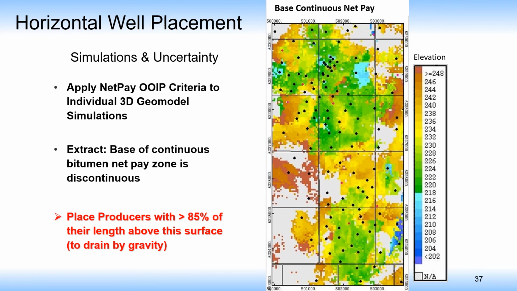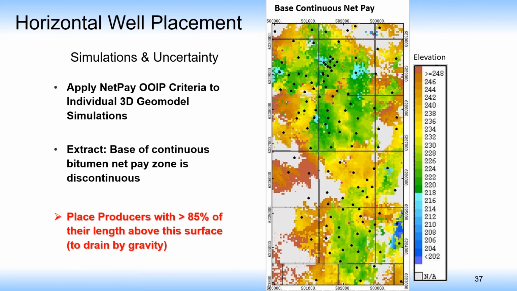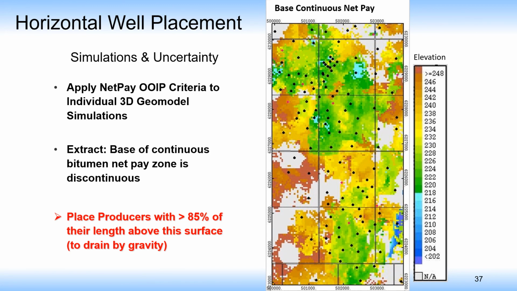So we discussed this in 2005, work was actually done in 2003-04, but here we have a map of base continuous bitumen. It's stochastic, it changes, especially away from the controlled wells, and we apply that net pay to the individual model simulations.